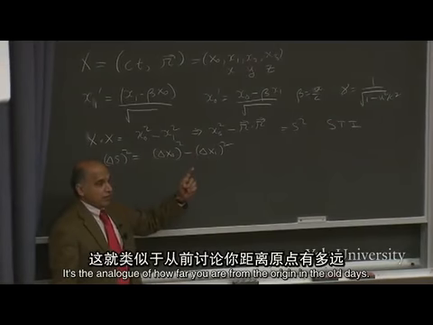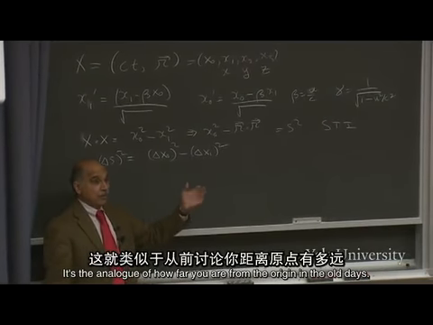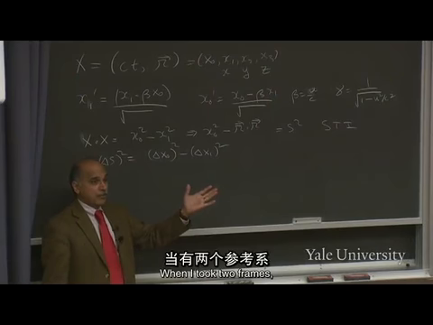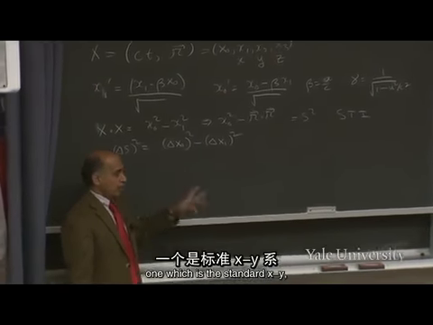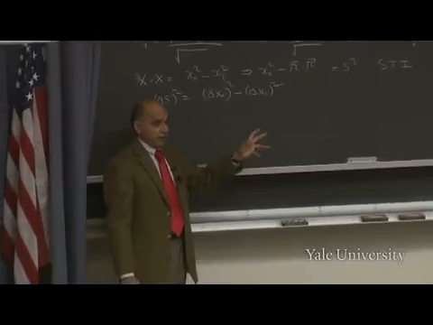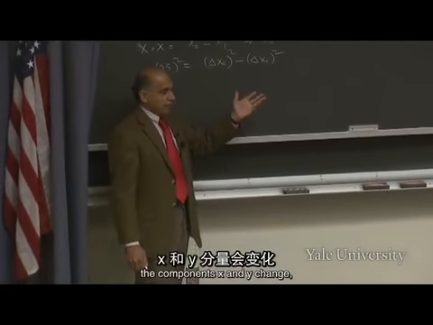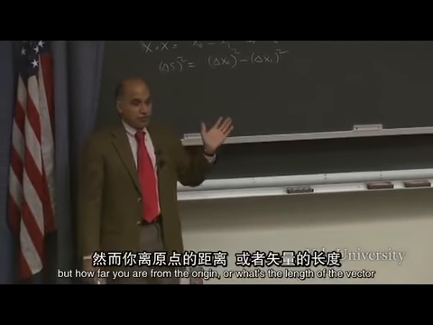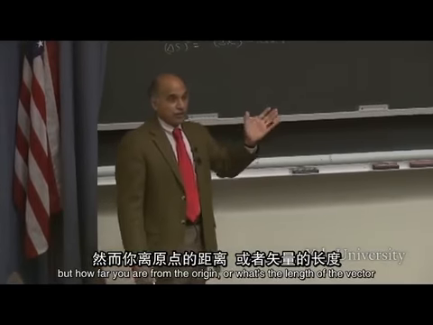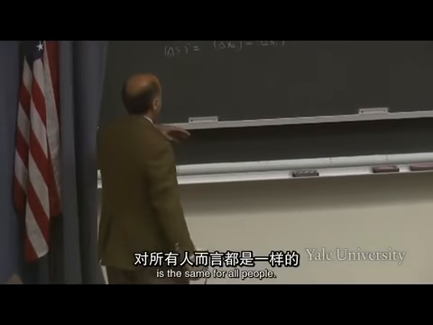It's the analog of how far you are from the origin in the old days when I took 2 frames, one which is the standard xy, other is a rotated xy. If you go to the rotated frame, the components x and y change, but how far you are from the origin or what's the length of the vector is the same for all people.